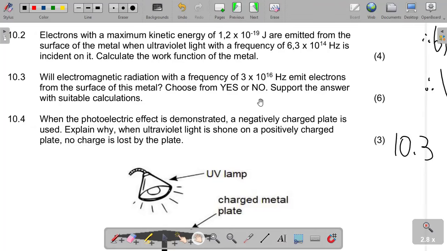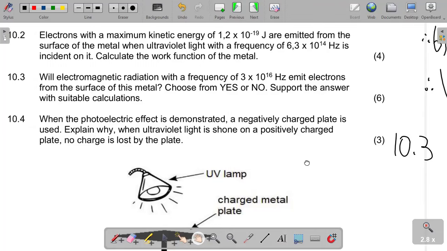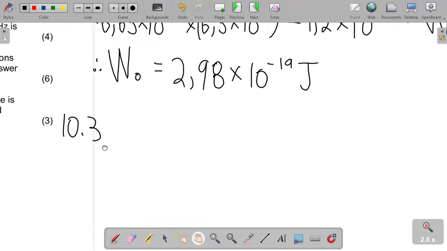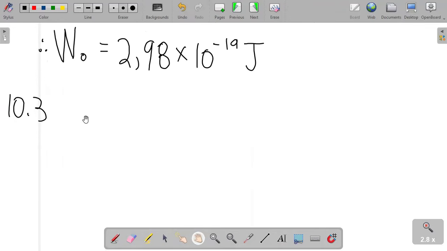Choose from yes or no. Support the answer with suitable calculations. The answer here is yes. So how can we know this?